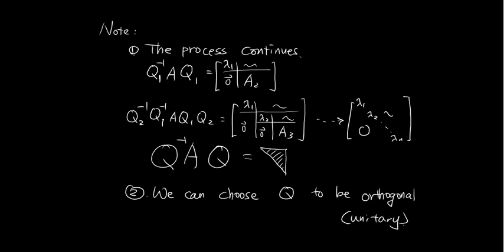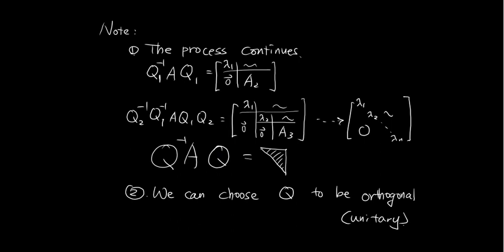So it turns out that if you just keep doing this process, all the Q1, Q2, Q3 could be unitary. And the product of a lot of unitary matrices is going to be a unitary matrix. And so eventually you have a unitary, and this is unitary, so this is another unitary matrix.